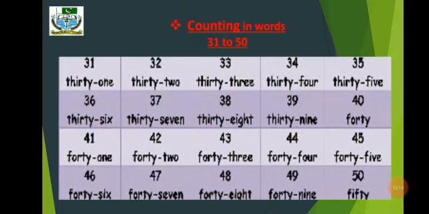Now 40 family is started. What's the spelling of 40? FORTY 40. What's the spelling of 41? FORTY 40, ONE 41. FORTY 40, TWO 42. FORTY 40, THREE 43. FORTY 40, FOUR 44.